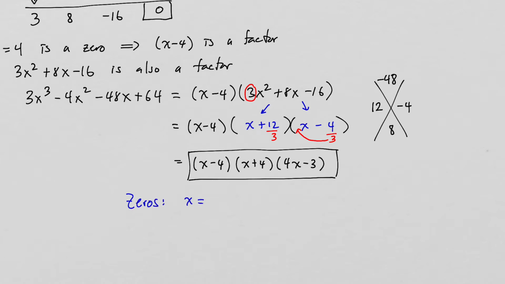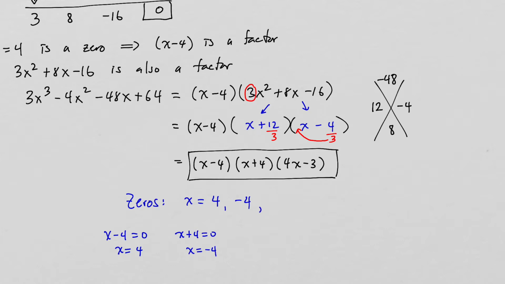So again, x minus 4 gives us a zero of 4, because when you set x minus 4 equal to 0, you get 4 when you solve the equation. X plus 4 gives us a zero of negative 4, because when you set x plus 4 equal to 0, solving for x gives you negative 4.